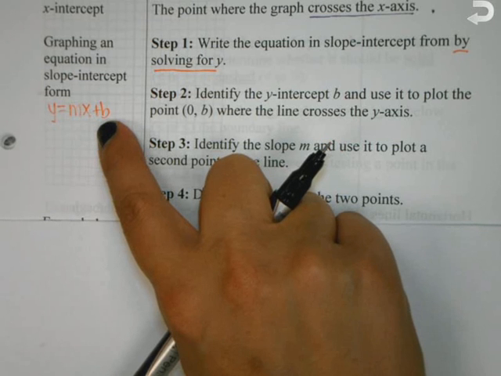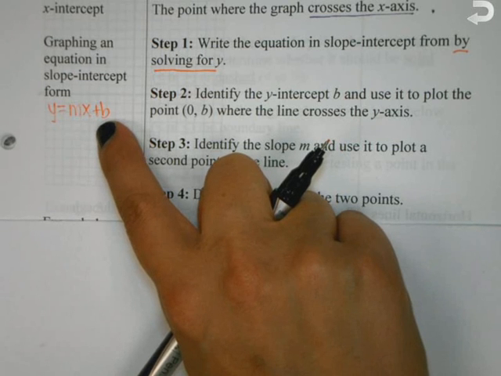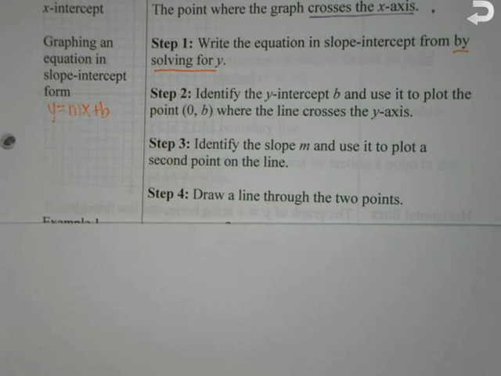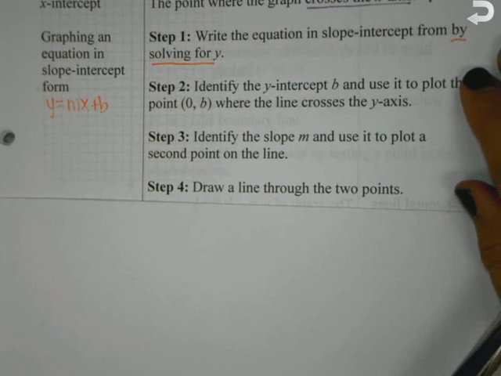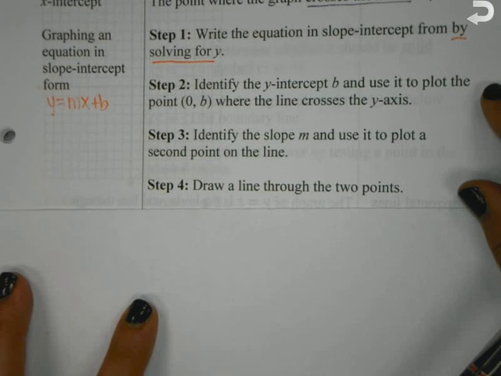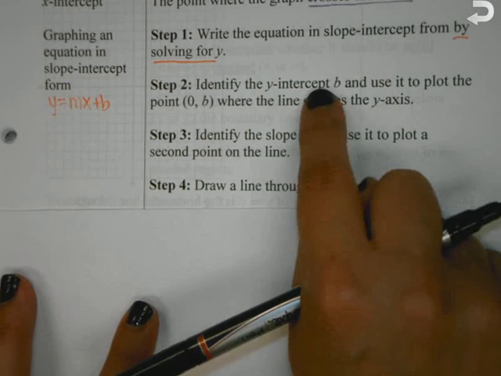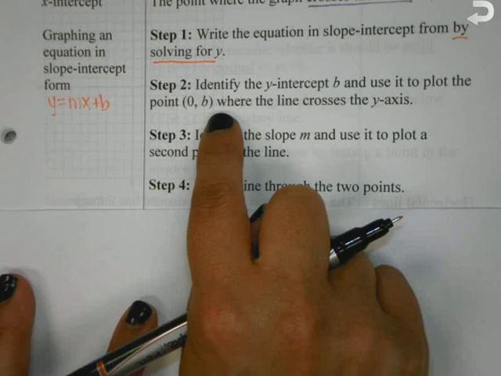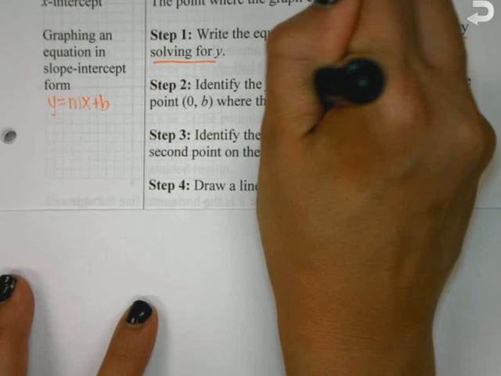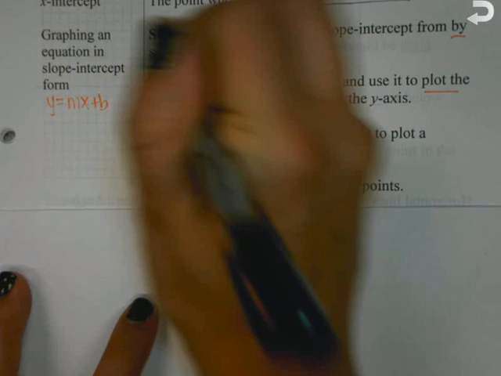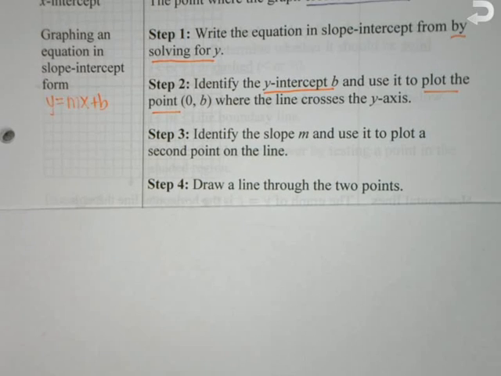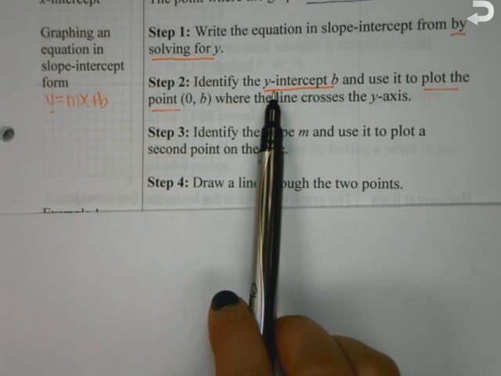It's not always going to be in that form. Step 2: you want to identify the y-intercept and use it to plot the point. So you want to find the y-intercept and plot the point, after it's in the correct form.